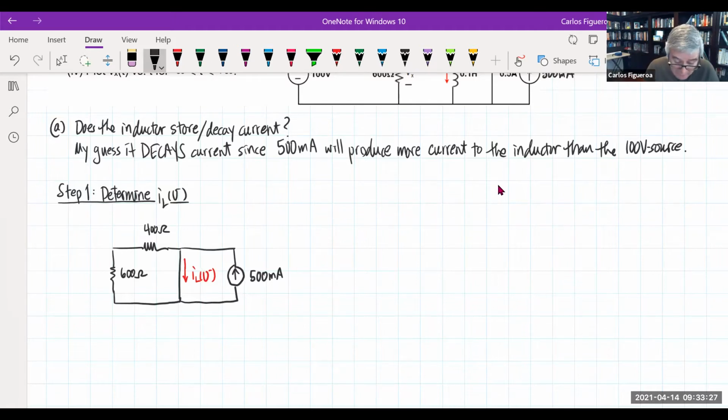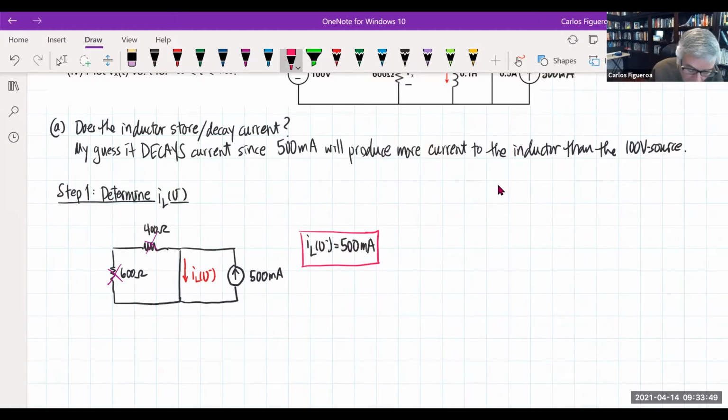Clearly, the inductor, since it's a short, is going to kill off these guys. So these guys are killed off by the short of the inductor. So this tells me that IL of 0 minus must be 500 milliamps. So now I've got my initial condition.